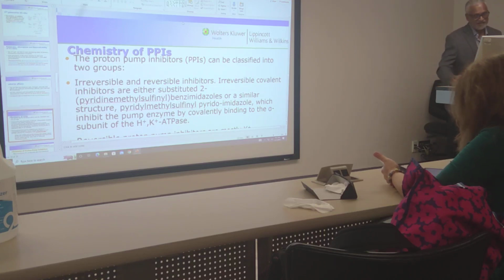So it is needed. And chemically, these are benzimidazoles. They are not an imidazole ring structure; they are benzimidazole derivatives, and what they do is covalently bind to the proton pumps. Where do they bind? They bind to the SH groups in cysteine residues.